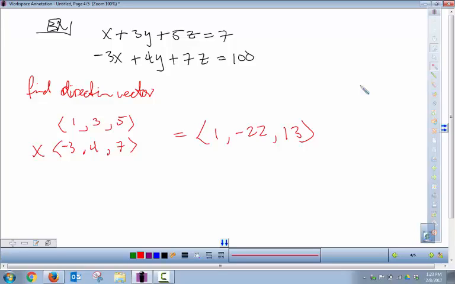Can you guys cross it? Did I hear a yes? By the way, the quiz tomorrow will be on the cross product, so you've got to know how to cross things.